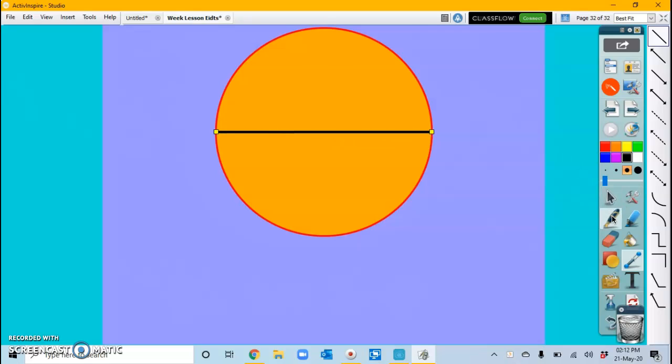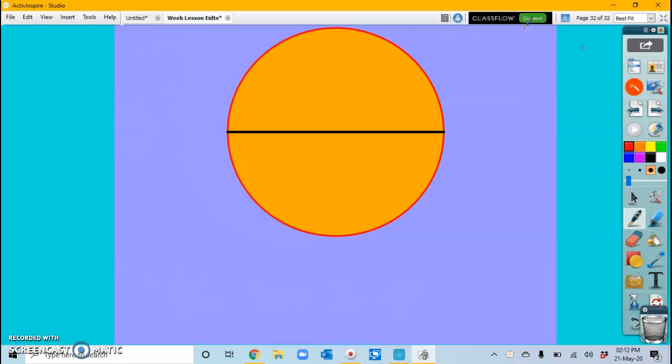We are first going to start with, let me change color, I hope you can see, a diameter and circumference.